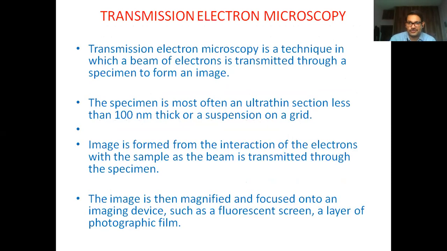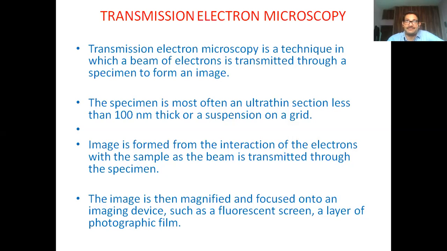The transmission electron microscope is a technique in which a beam of electrons is transmitted through a specimen to form an image. Because it has to pass through the specimen, the specimen size plays an important role in TEM.